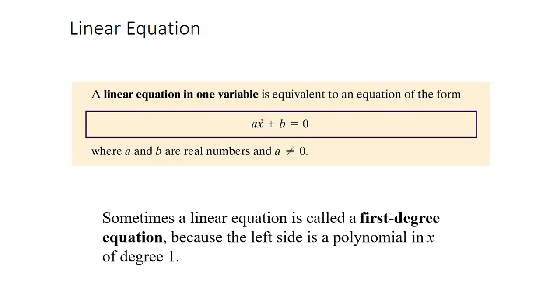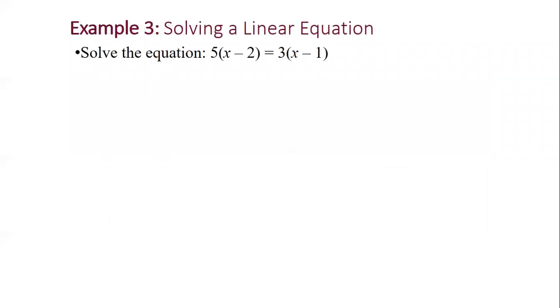Right here is Casper, the friendly 1. And so that's why it's sometimes called a first degree equation. You'll hear that more often when we get to our polynomial unit, but for right now, we can stick to calling it a linear. All right, so let's go through solving this first linear equation.